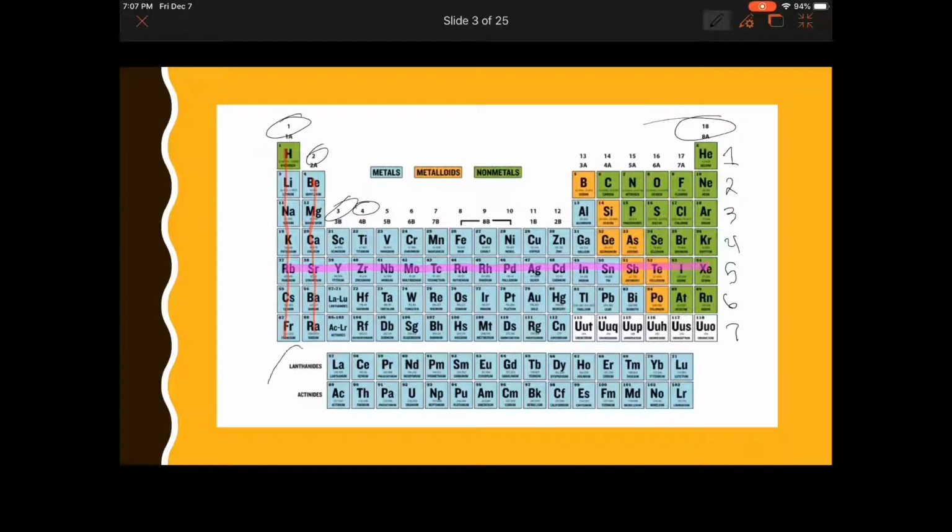If you're wondering why these lanthanides and actinides are not placed in the periodic table, they do actually fit in this area right here, but they're not put there because they don't fit the characteristics of the other elements that are in that location, and we will talk more about that later.